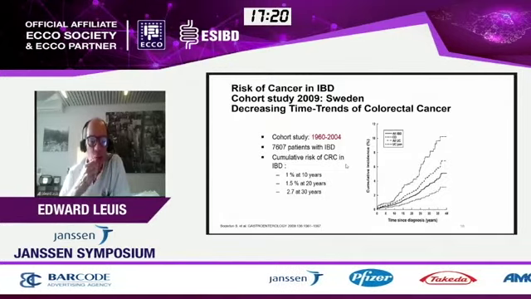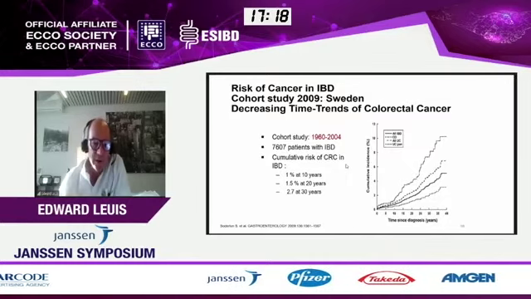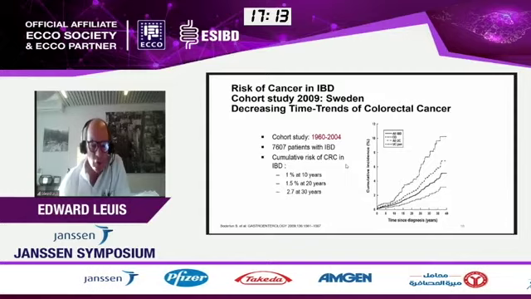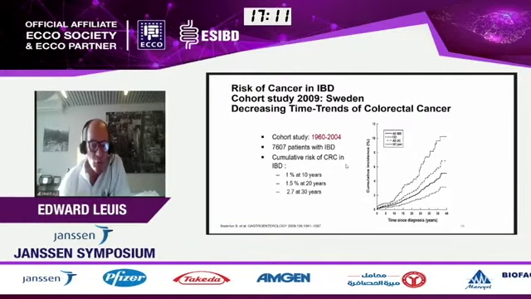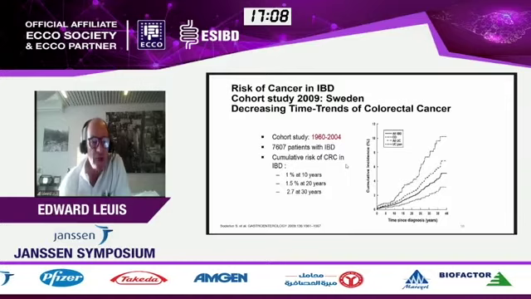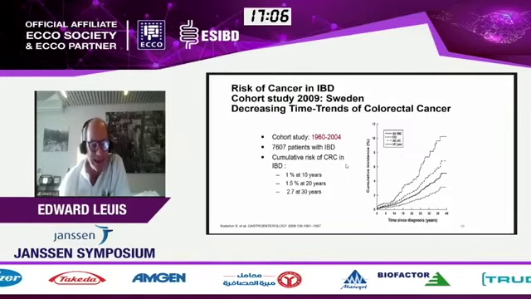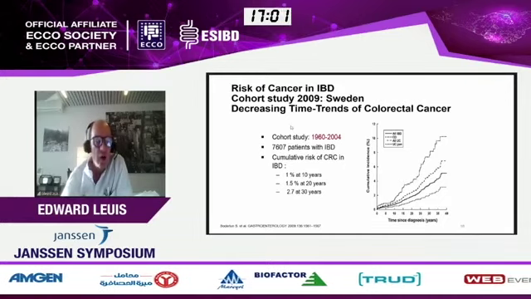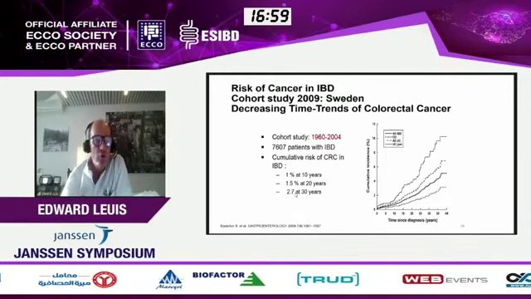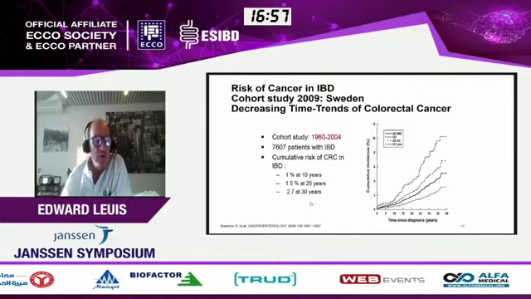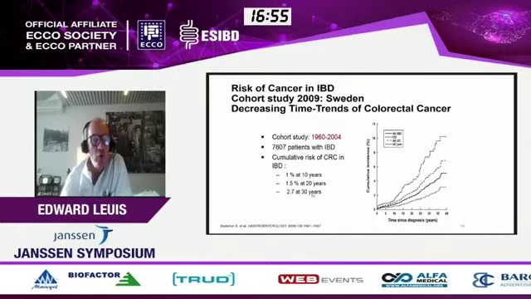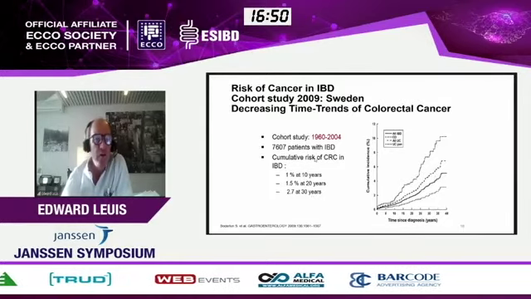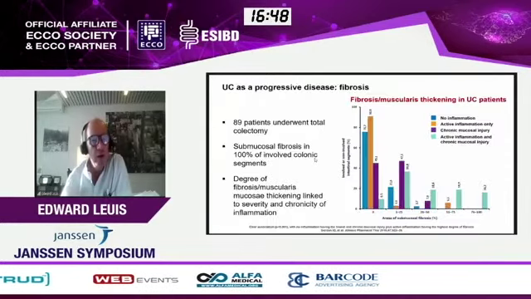And this risk has been more recently reassessed, and we can say that over the last 10 to 20 years, probably thanks to the way we are managing IBD today, we have decreased the risk of colorectal cancer, but still, it is a relative risk of 2 to 3, with around 2.7% of the patients having colorectal cancer after 20 to 30 years of evolution. And this risk is higher when you have a pancolitis and obviously when you have ongoing inflammation.